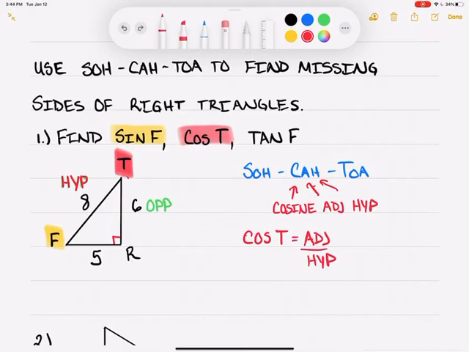I just need to look right next to angle T. So in this case, 6 is the adjacent leg when it comes to angle T. I'm not looking from angle F's perspective anymore. So the cosine of T will equal 6, the adjacent, over 8, the hypotenuse. And again, we can reduce that. So the cosine of angle T will equal 3 over 4.